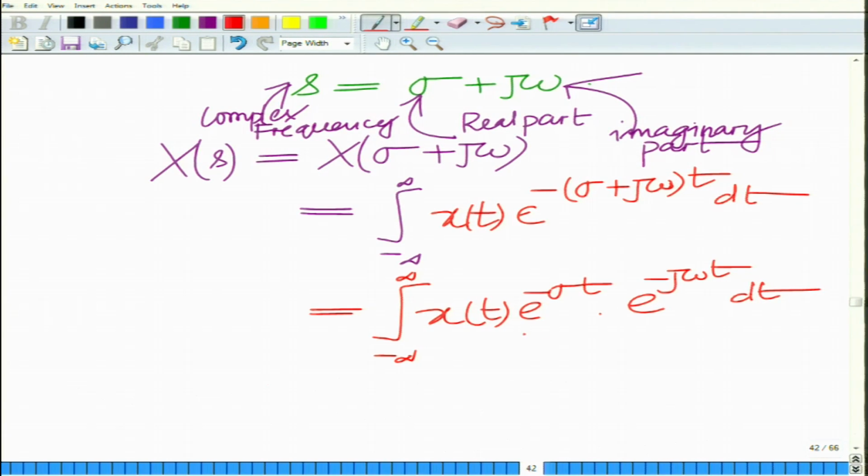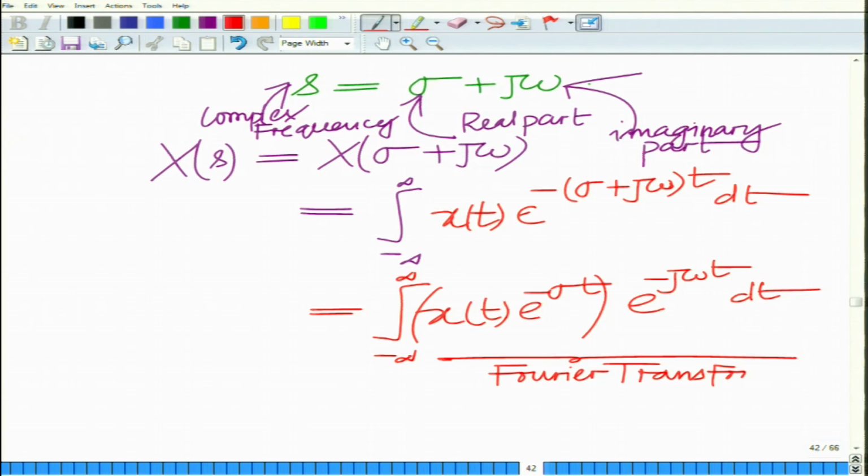And now if you see, this is nothing but the Fourier transform of x(t) e raised to minus sigma t.